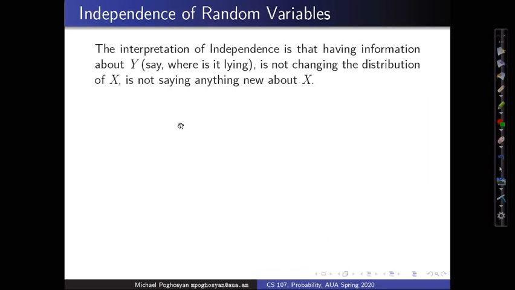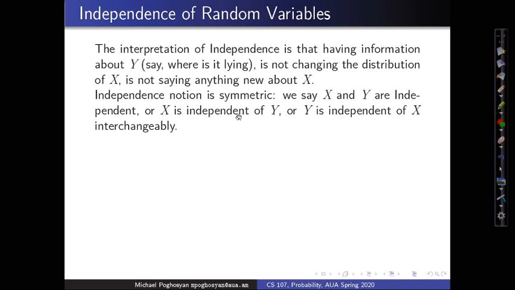Okay, so the interpretation is the following: having information about Y, say knowing that Y is in some interval, is not saying anything new about X. That is the notion, the idea of independence.